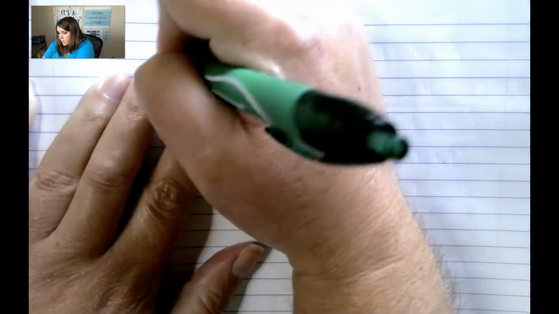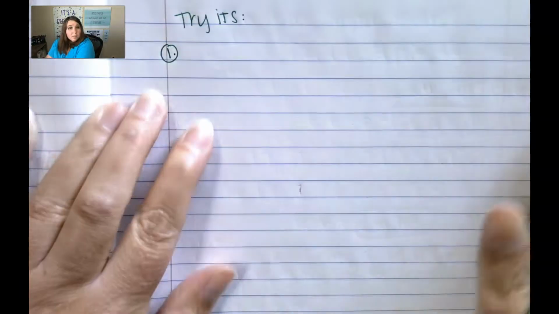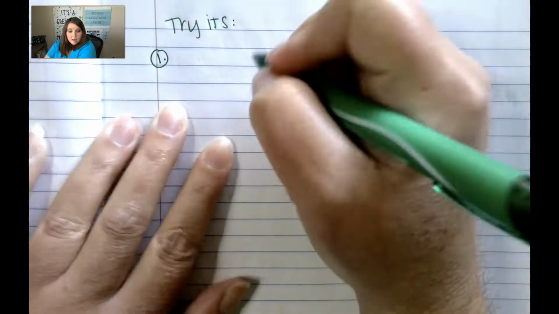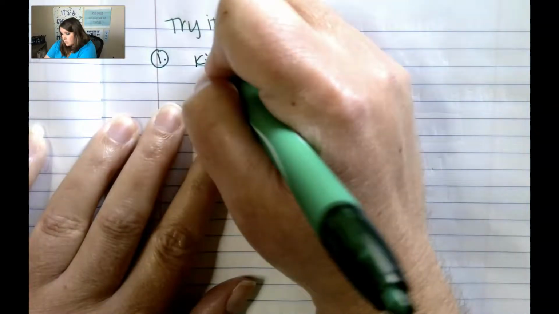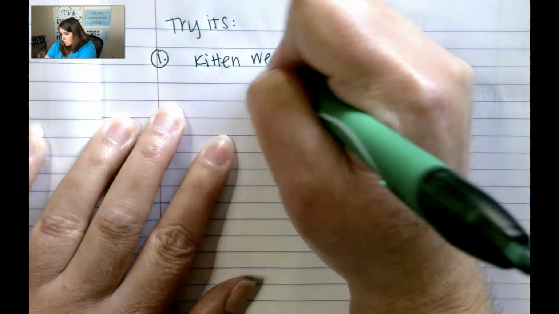When we're looking at kittens. Okay, so we're going to look at the kittens and we're going to talk about the outlier in the kittens. Okay, so your try it. Try it number 1 and only number 1, we are looking at the weight of kittens. So kitten weights.